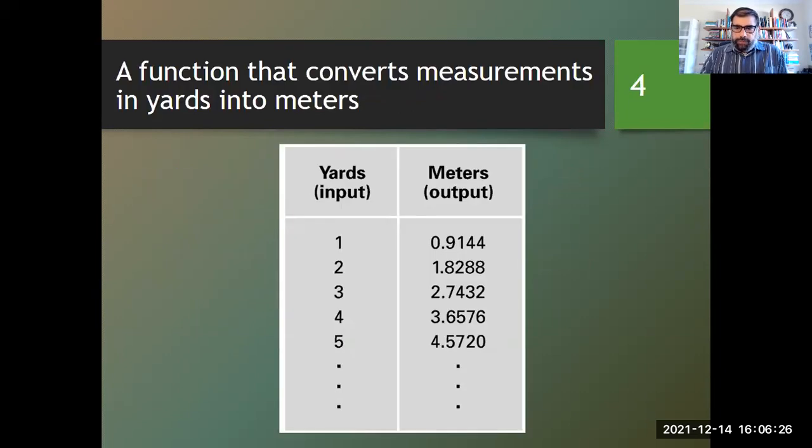This is the first method, where you have a table and you just look up the correct value: what's the output value corresponding to an input value? Now, there are two limitations of this method. One is that not all input values are listed in the table.